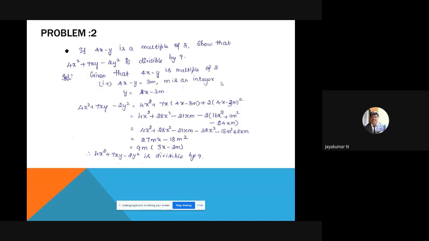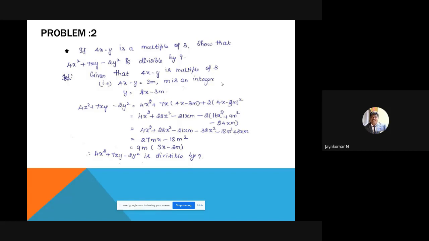Okay, for the remaining problems, only one hint I will give you: any problem given by principle of mathematical induction, you can easily solve it. The concept is for n equal to 1, you can easily show that it is true. Then for n equal to k, you assume the statement is true. For n equal to k plus 1, you have to prove that the statement is true. For that, you have to apply the statement P of k is true.